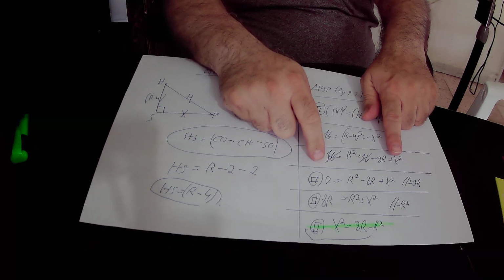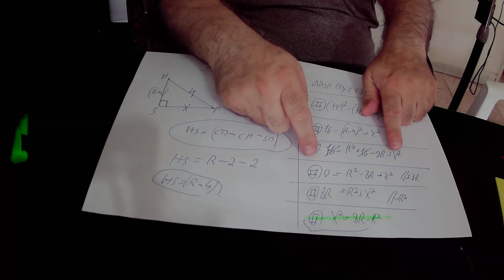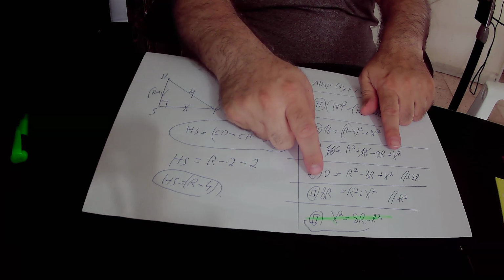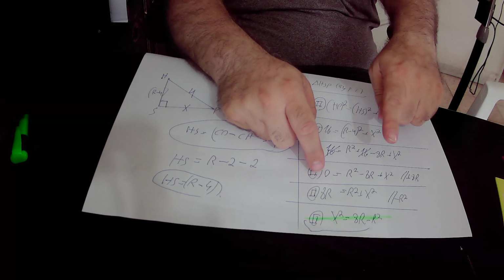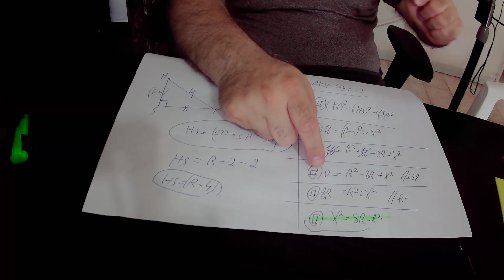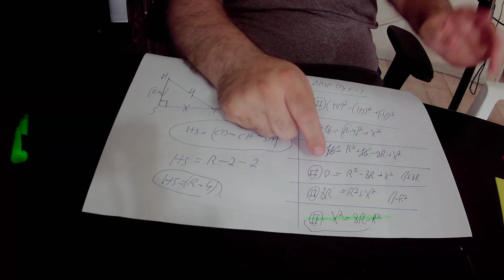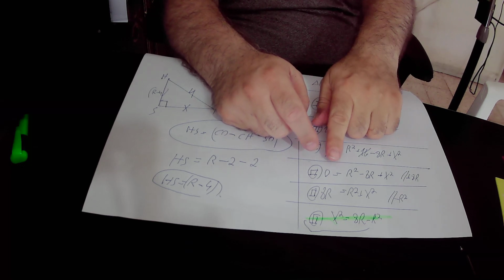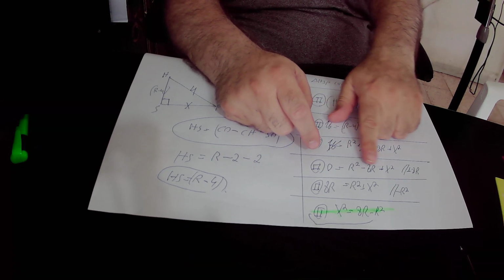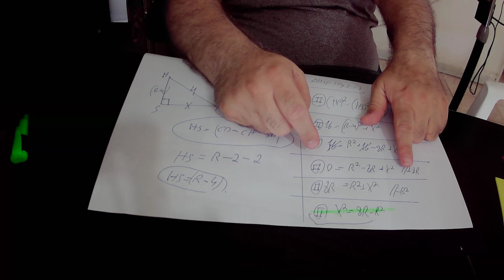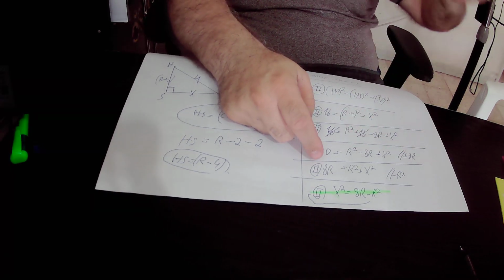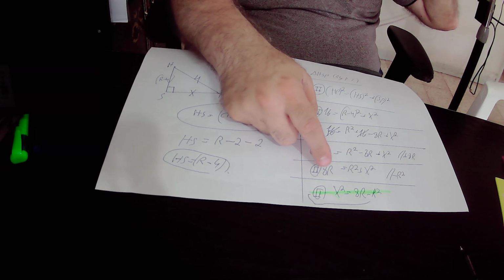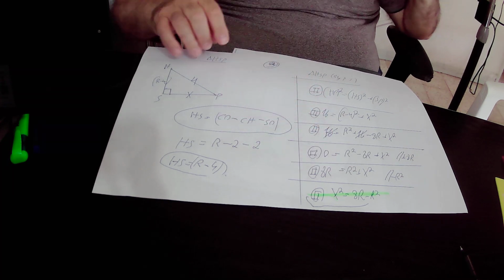We added 8R to this equation, equation number 2, and found out that 0 plus 8R is 8R. So 8R equals R square plus X square, because 8R minus 8R is 0. We subtracted R square from this equation and found out that according to equation number 2, X square equals 8R minus R square.